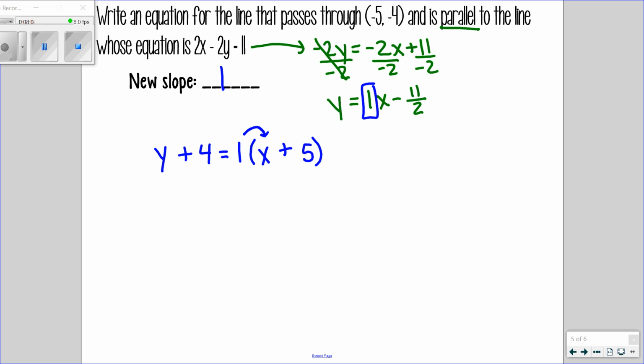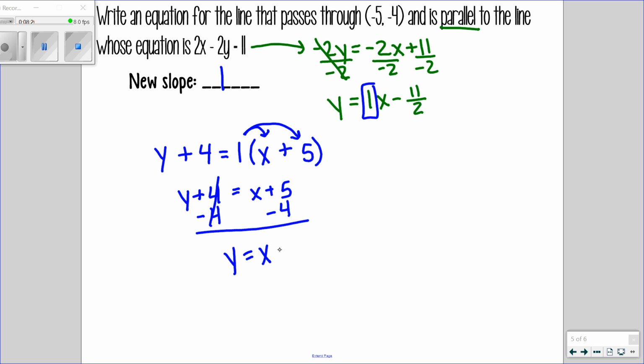Okay, and then distribute that 1, which is actually super easy because it doesn't really change anything, right? We just get y plus 4 is equal to x plus 5, and then subtract our 4 on both sides. All right, so we end up with y equals x plus 1.